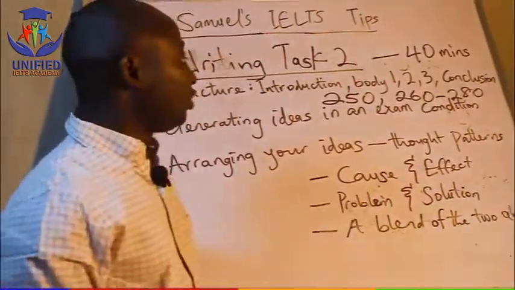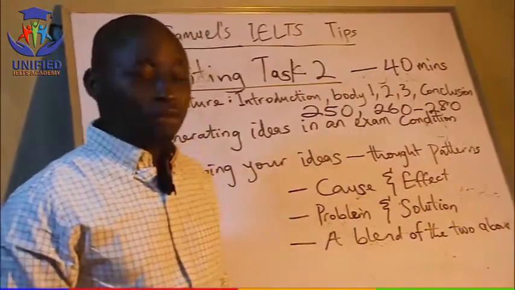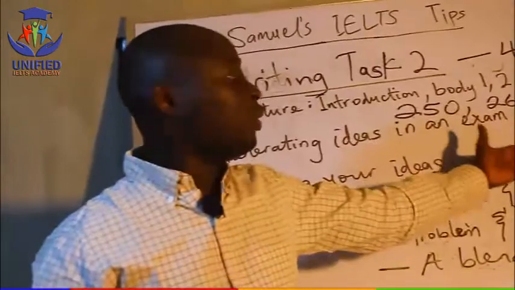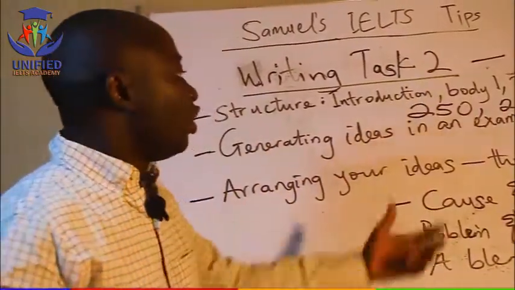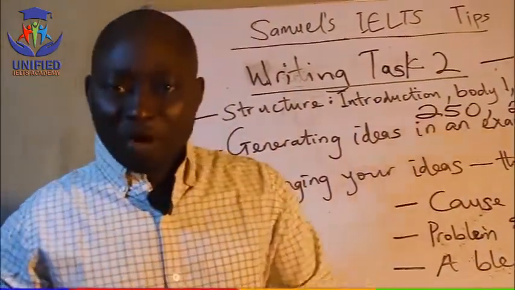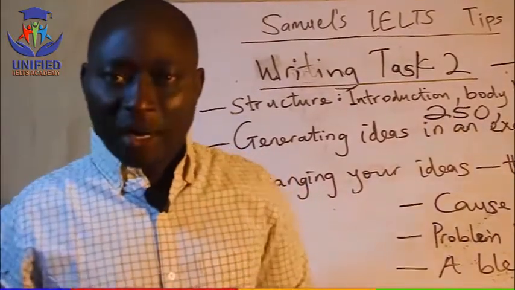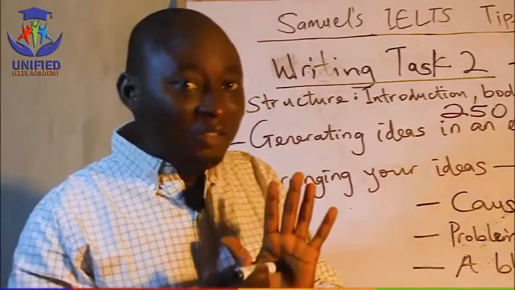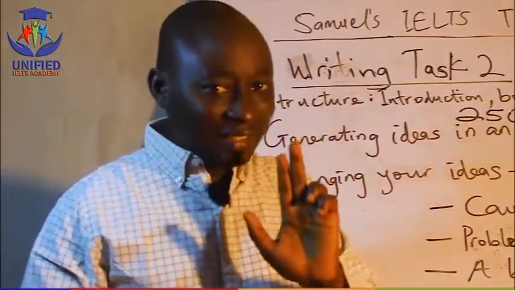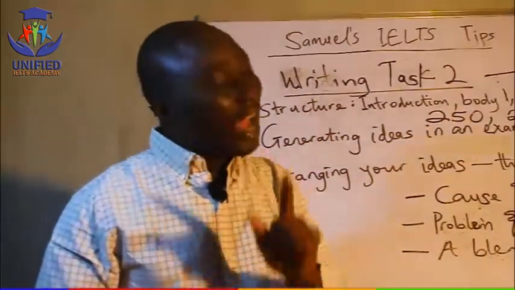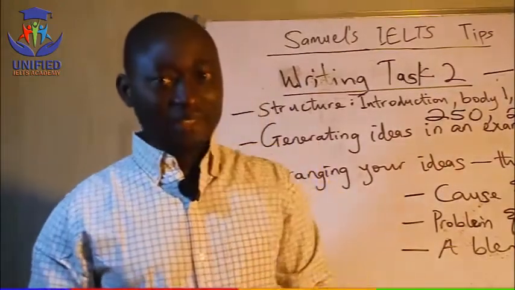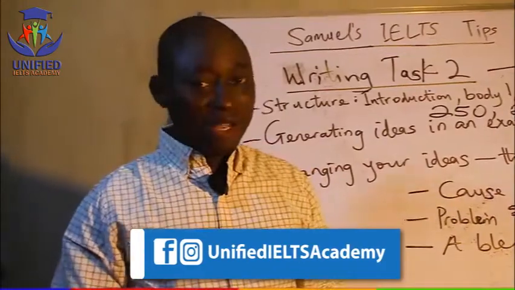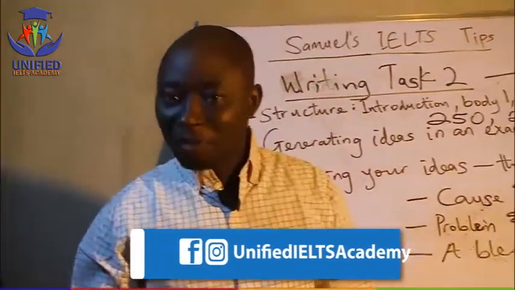After the introduction, you have the body. Because you are aiming at about 260, 280 words, you want to make your body more than 2 paragraphs, like 3 paragraphs. Don't forget, always have at least 3 sentences in your paragraph, and learn to write complex sentences and compound-complex sentences.